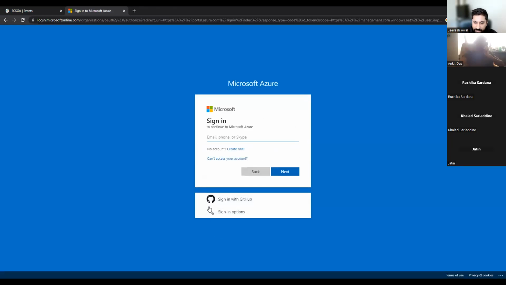By the way, when you see this on your screen, sign in with GitHub. This is an example of using another identity. Many of you might already know that Microsoft has acquired GitHub. That's why they allow sign-in via GitHub. In fact, I'll try one more time if the Concordia login works.